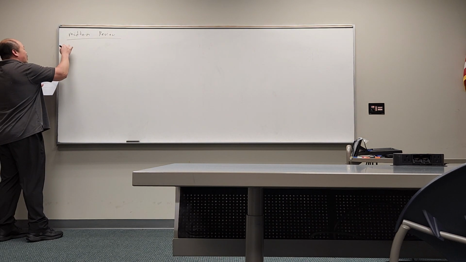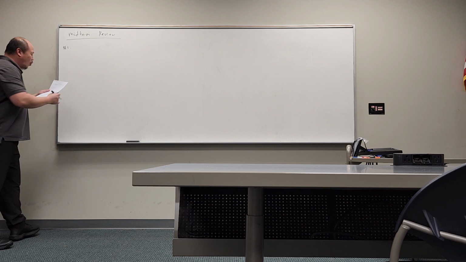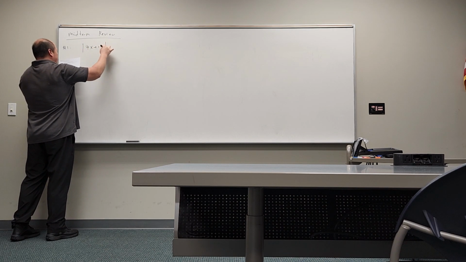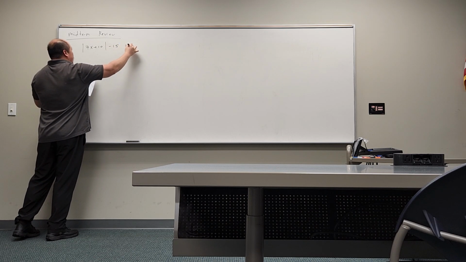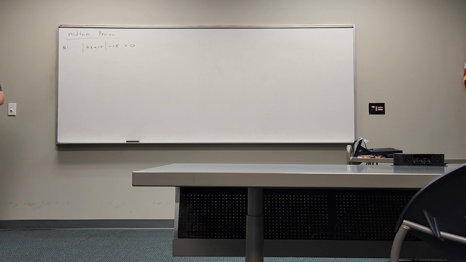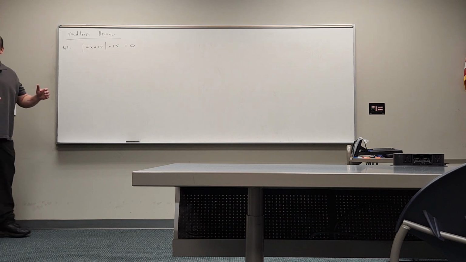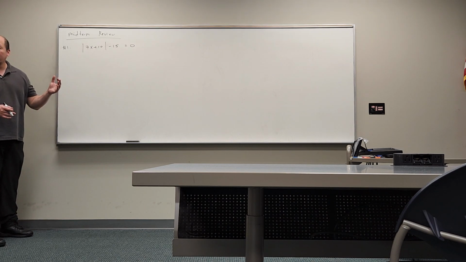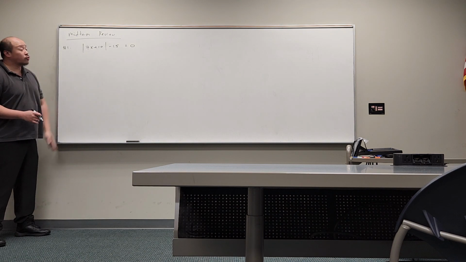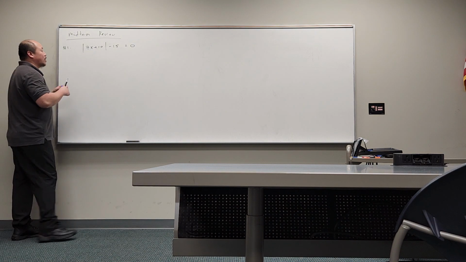Now, number one. So number one is absolute value: absolute value of 7x plus 10, minus 15 equals 0. We wish to know what the x is going to be. And you guys remember, it doesn't matter if it's radical or absolute value, you want this guy to be isolated first. So you want to bring the 15 to the other side.